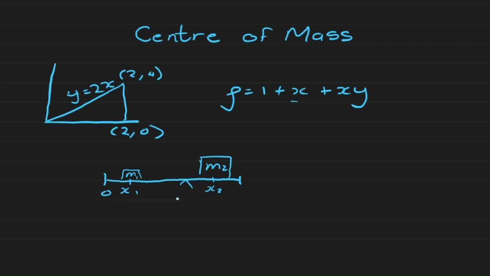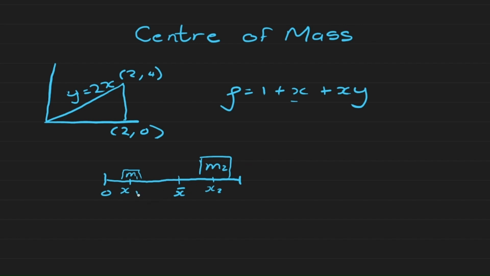Leaving intuition aside, how can we know this mathematically? It's heavier on this right-hand side, and the pivot should be closer to the heavier object. So we can assume that the pivot point, or center of mass, is located here and has the coordinate x bar.